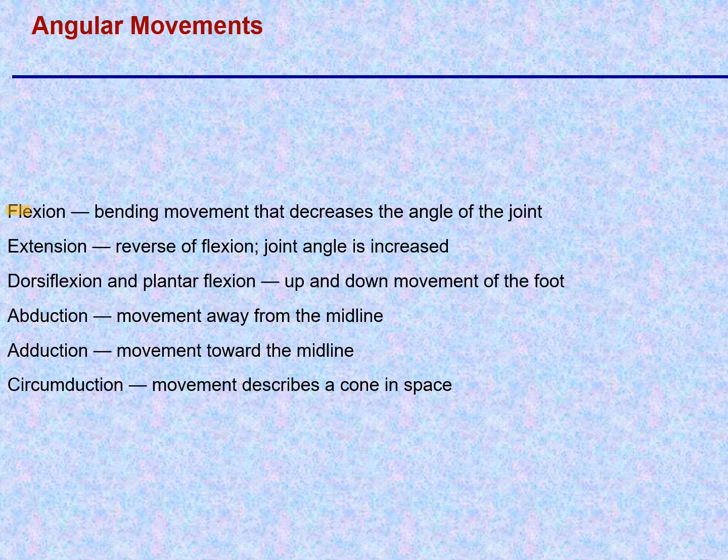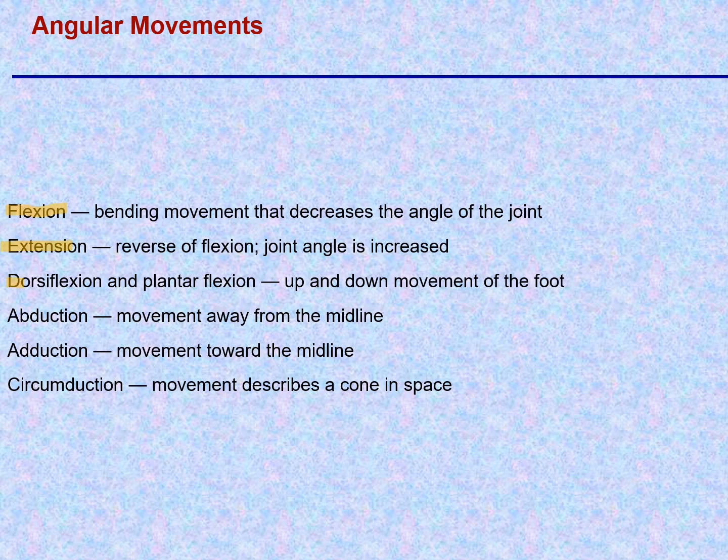Flexion is bending or movement that decreases the angle of a joint. That's when you flex your upper arm muscle, your biceps, for example, by bending your arm at the elbow. That's flexing. Extending is the reverse. You increase the angle, so that's extension.